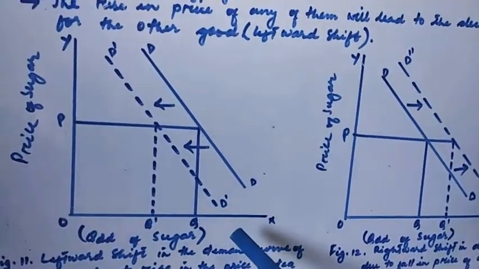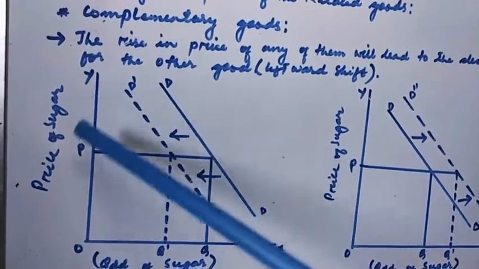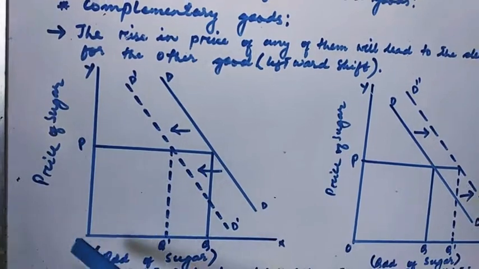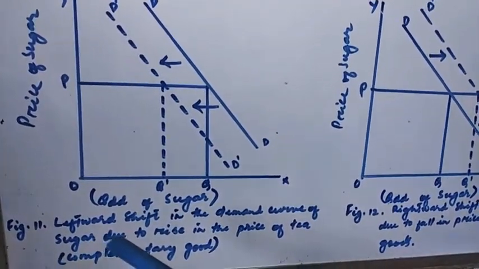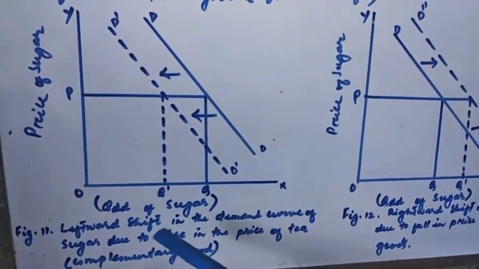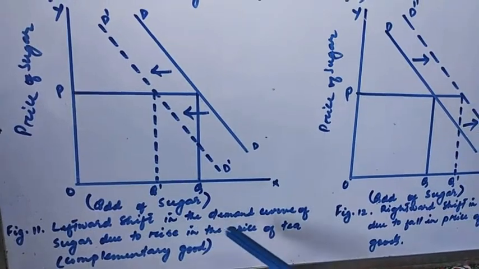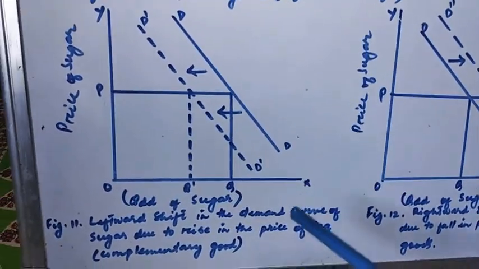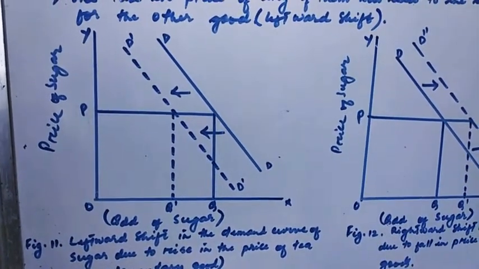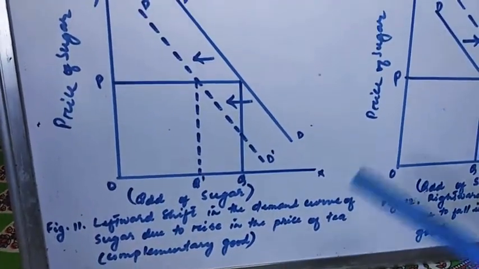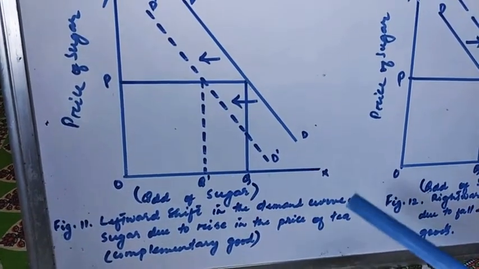On the x-axis we are measuring quantity demanded of sugar, on the y-axis the price of sugar, and price is given at P. Figure 11 shows the leftward shift in the demand curve of sugar due to the rise in the price of tea. Here we are taking tea and sugar as complementary goods.